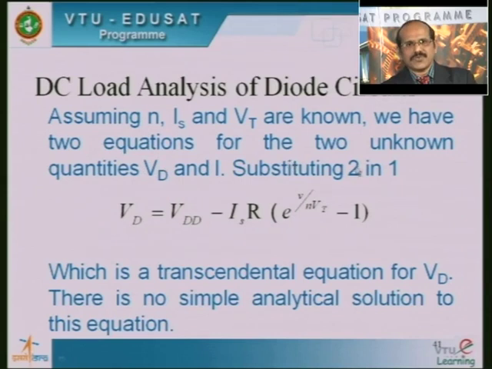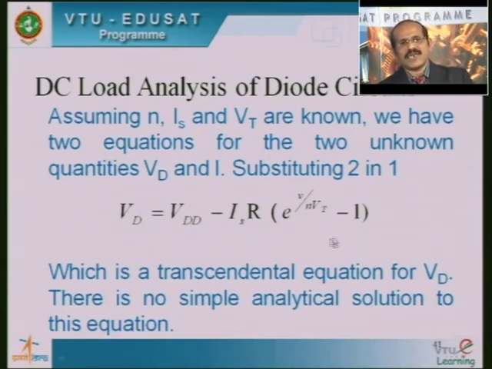So if you substitute equation 2 in equation 1, we will get the following equation, wherein Vd is defined as Vd equal to Vdd minus Is into R into e raised to Vd by nVt minus 1. So this is a transcendental equation for the Vd.